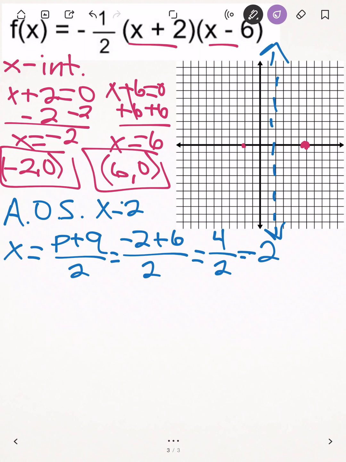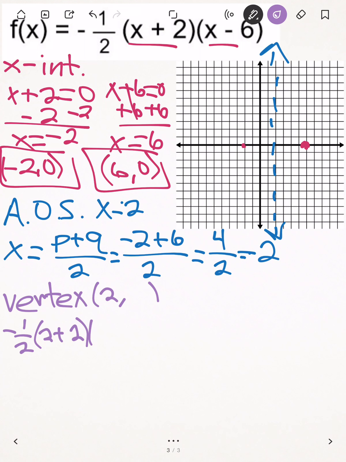Okay, so my vertex, since I know my axis of symmetry, I know the X value of my vertex is 2. I just have to find the Y value. So I plug it in. I get negative 1/2 times 2 plus 2 times 2 minus 6.